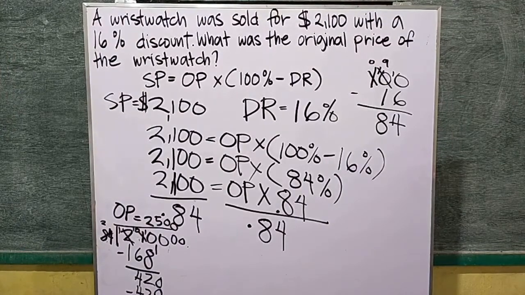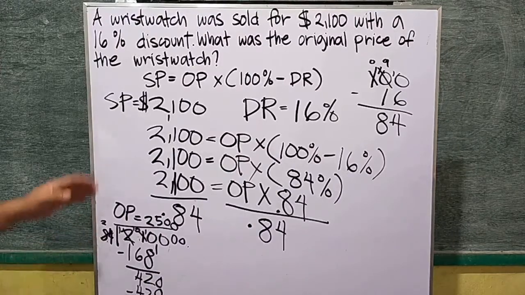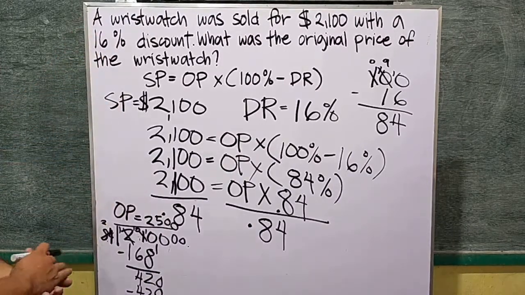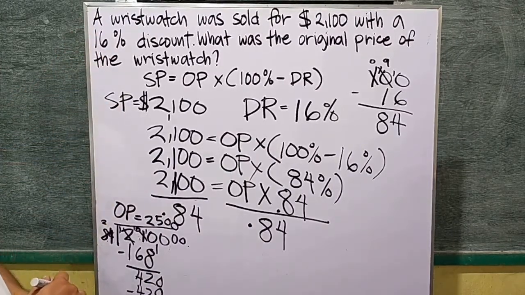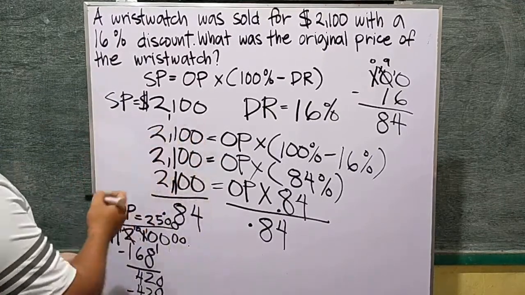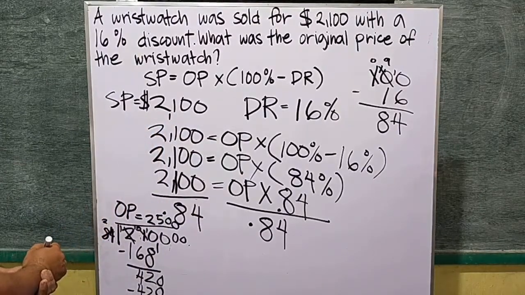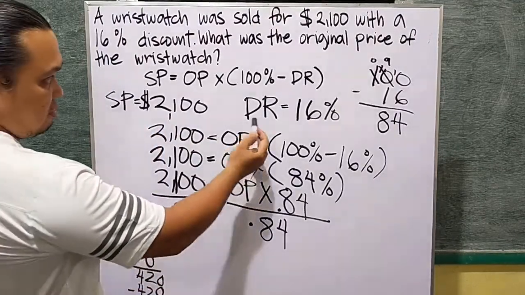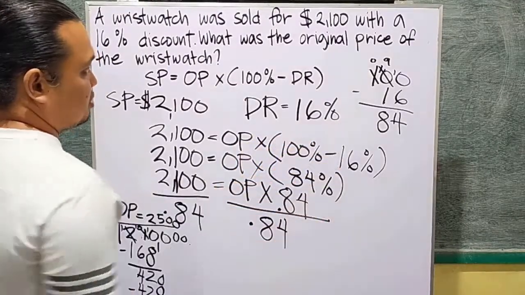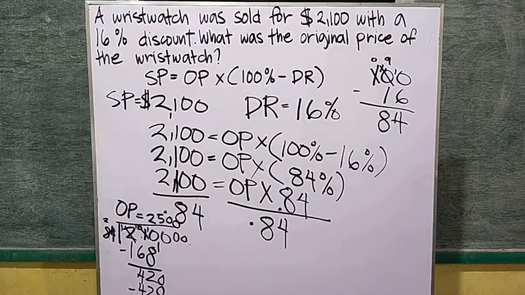Okay. So let's read the problem. A wristwatch was sold for $2,100. That's the sale price, $2,100, with a 16% discount, that's the discount rate, 16%. What was the original price of the wristwatch?